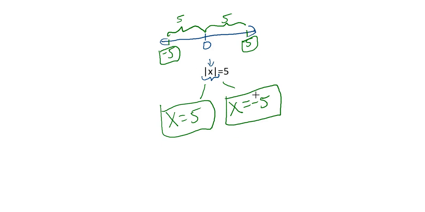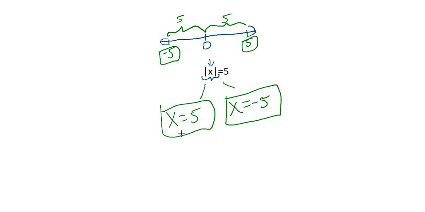So what I want you to notice here is the pattern that is being created, because unfortunately our equations are not going to stay quite this simple. And so trying to apply this distance analogy as the equations become more complex gets more and more difficult to do. So what we're going to do instead is just notice the pattern that gets created by this absolute value equation and just apply that to the equations that we see later that are more complicated.